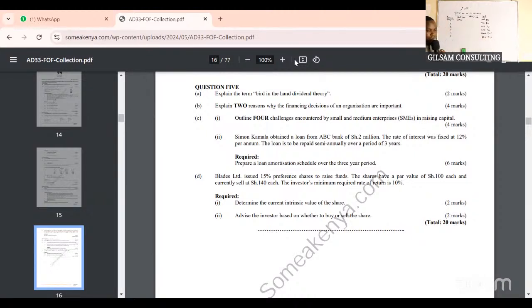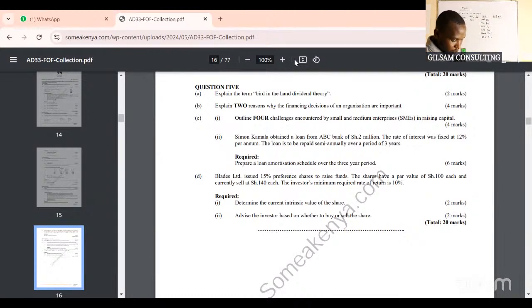So once you have the installment, now get the interest. The interest is 6% of the borrowed loan. So the first one, 0.06 times 2,000, which we get 120. So this plus this minus this, we get the balance carried forward.